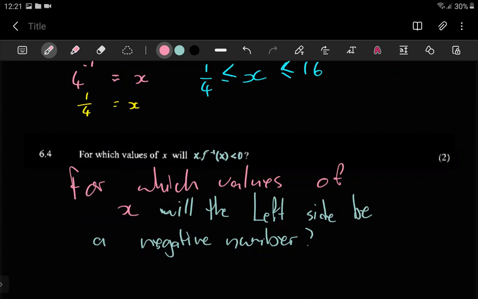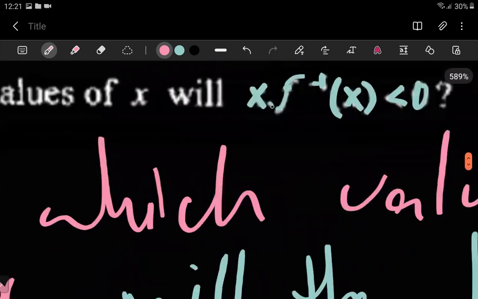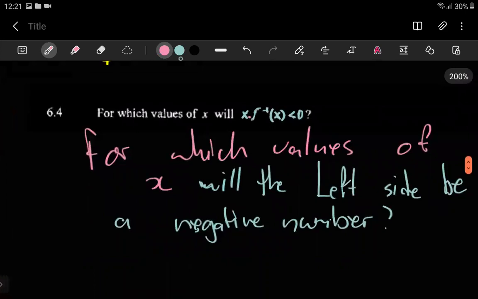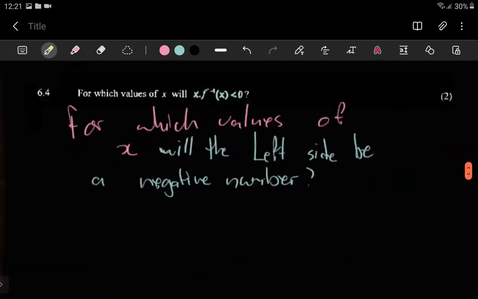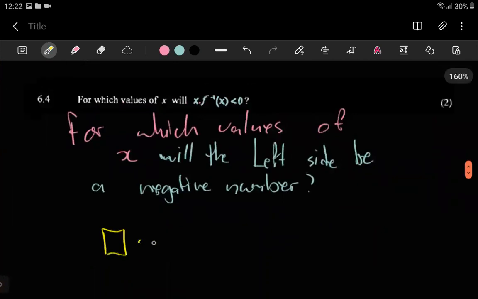Now, if you look at the left side, there are two things that affect it. The first thing that affects the left side is x values. The next thing is y values of the inverse.